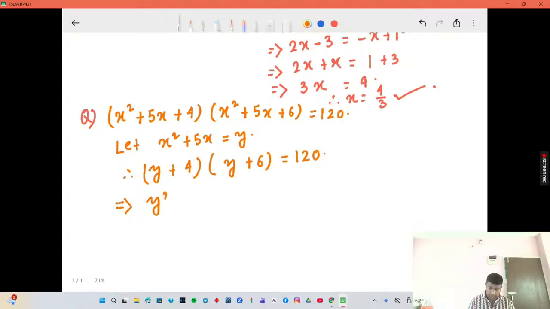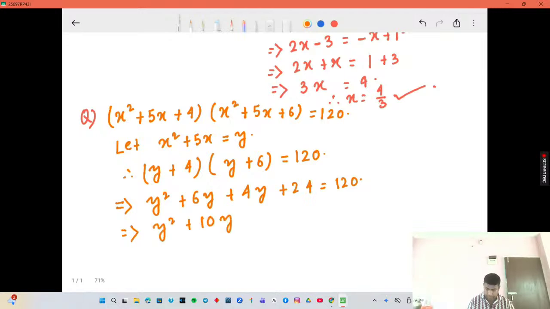And y square plus 6y plus 4y plus 24 is equal to 120. Okay, now y square plus 10y plus 24 is equal to 120. Now y square plus 10y plus 24 minus 120 is equal to 0.